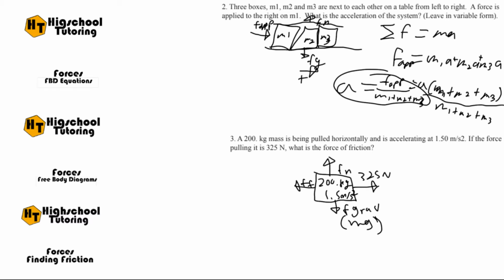It's accelerating to the right at 1.5 meters per second squared. Its mass is 200 kilograms. Its weight is F grav. It's not free falling, so a normal force is applied to keep it in place, and it has a frictional force that we must find.